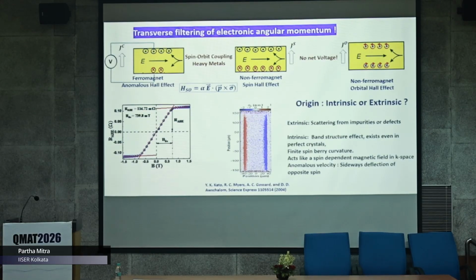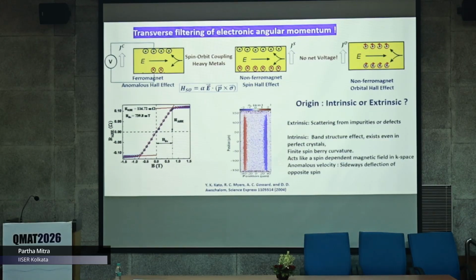Very briefly, in the Kerr effect, when polarized light falls on the surface, and there is a net magnetization or spin polarization, the polarization of the reflected light will rotate. Opposite spins rotate in opposite directions, and they measured it. This is a very difficult experiment, and it was the very first demonstration that the spin Hall effect indeed existed.